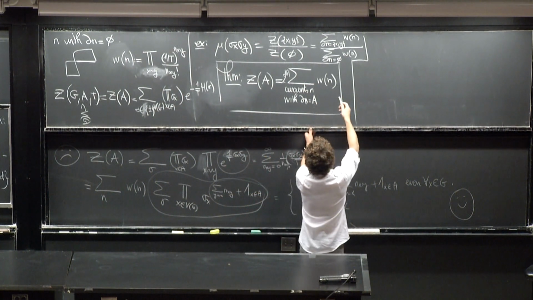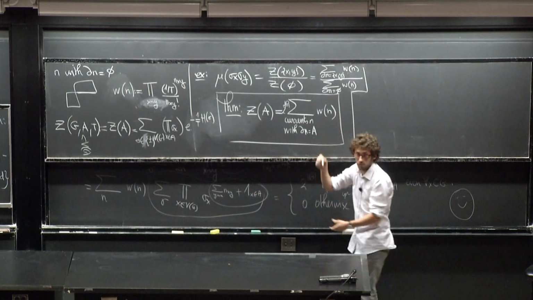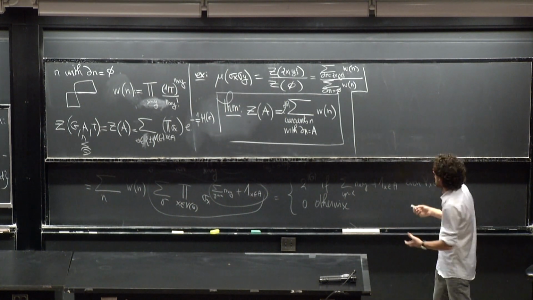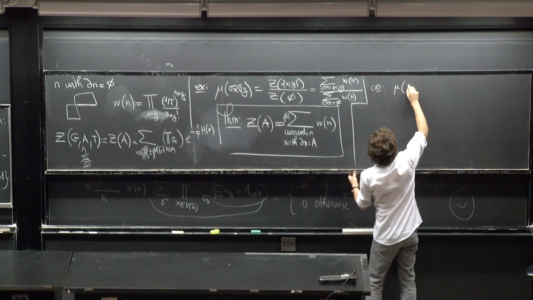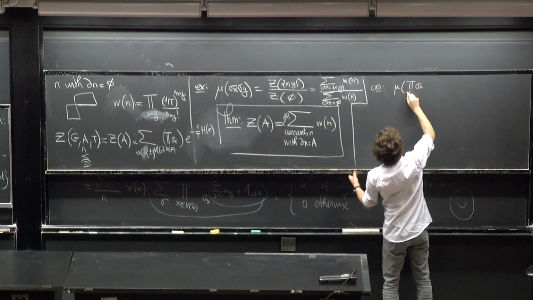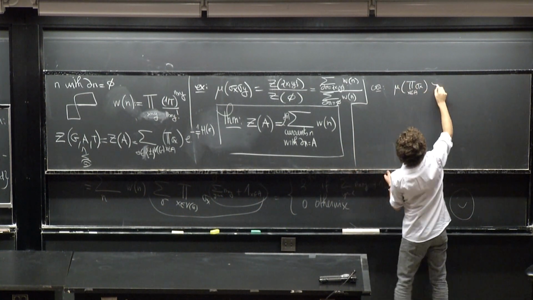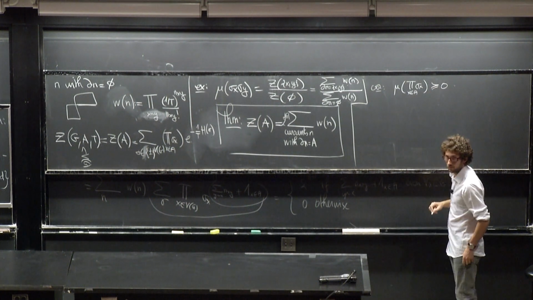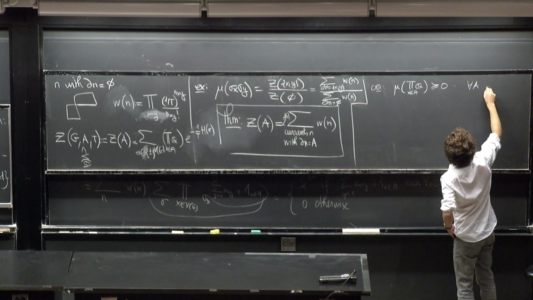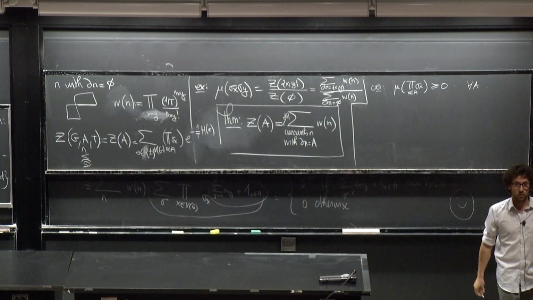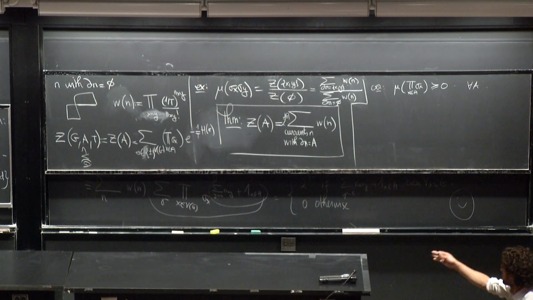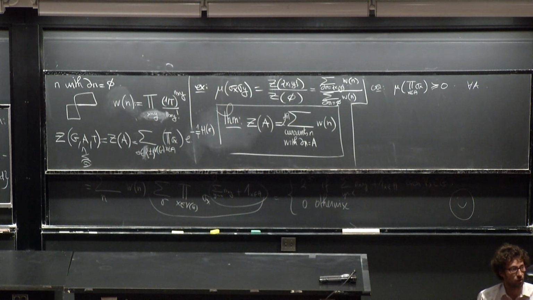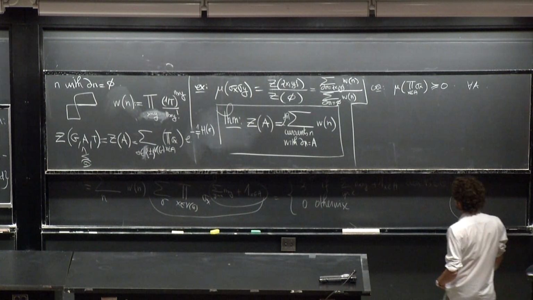With this expression, it's obvious because these are just positive terms. So you have the corollary: mu of any product of sigma_x for x in A is going to be larger or equal to 0, whatever A. And this was called the first Griffiths inequality. It was not at all a trivial inequality to get. And here, you have a proof basically in a few lines. So that's the first corollary.